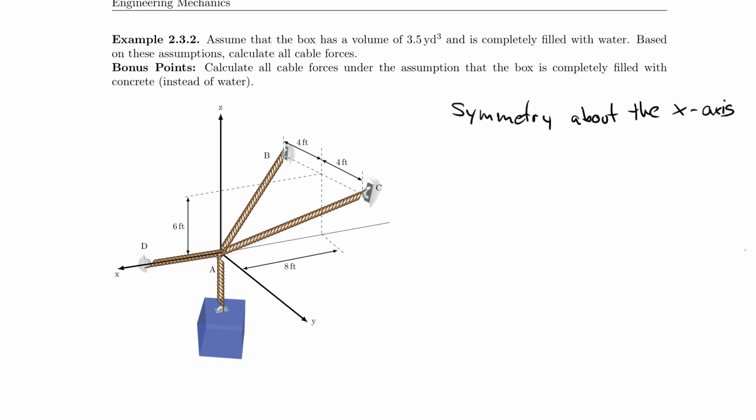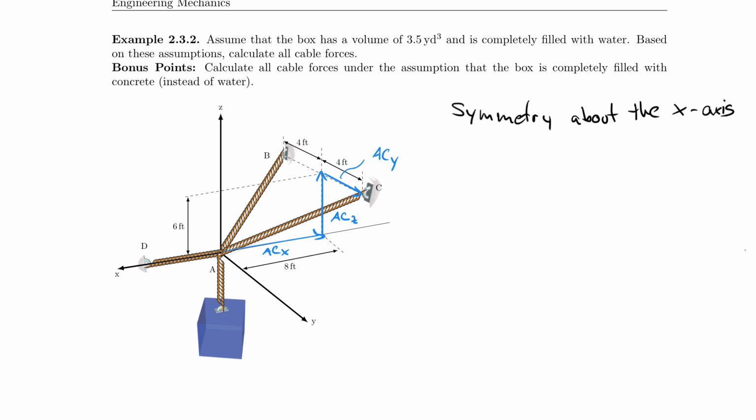Let me pretend that I have a force in this direction, in this direction, and in this direction. And my arrow heads go in this direction. So let's call this here, for example, ACX, ACZ, and ACY.